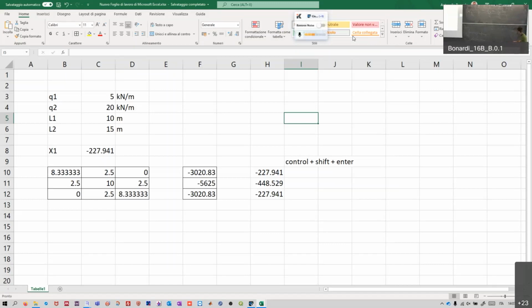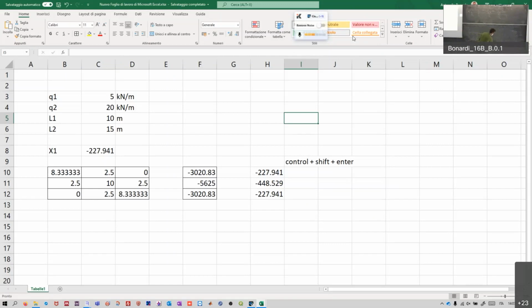We have x signed equal to VA over Q1. We compute this ratio, we find 7 meters, and we know that this distance is x signed, and where we have 0 shear force, we will find the maximum bending moment.